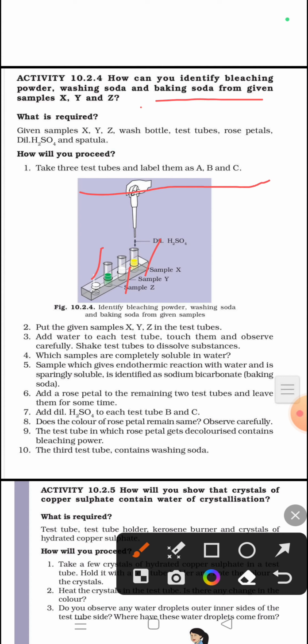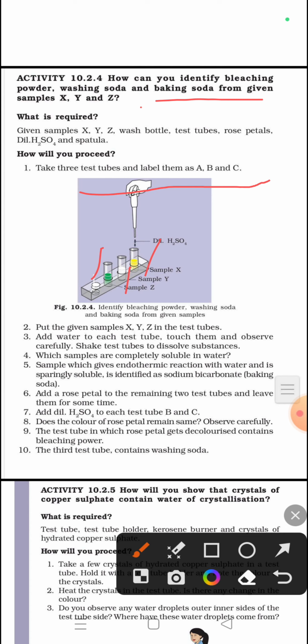The sample which gives an endothermic reaction with water and is sparingly soluble is identified as sodium bicarbonate. Add a rose petal to the remaining two test tubes and leave them for some time. Add dilute H2SO4 to each test tube B and C. Observe carefully if the color of the rose petals remains the same.